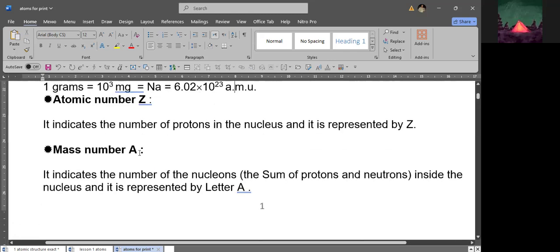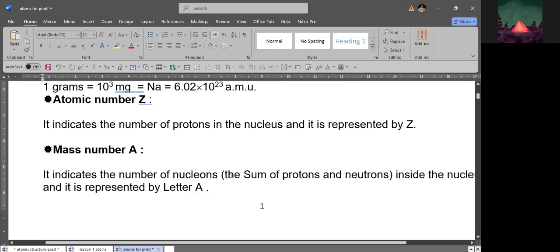So the atomic number. What do you mean by atomic number? Atomic number indicates the number of protons in the nucleus and is represented by Z. You know this from last year. Mass number, which is represented by A, indicates the number of nucleons. What do you mean by nucleons?